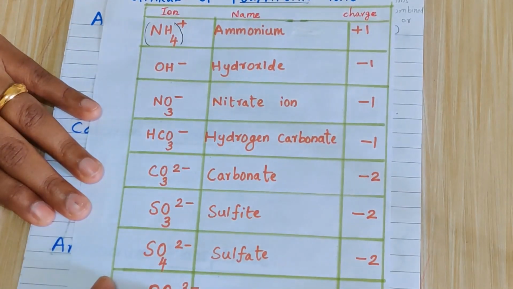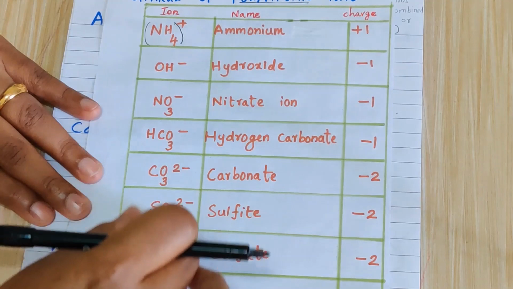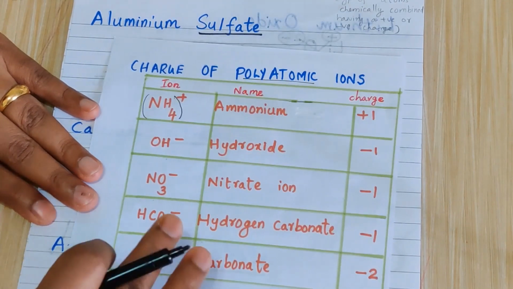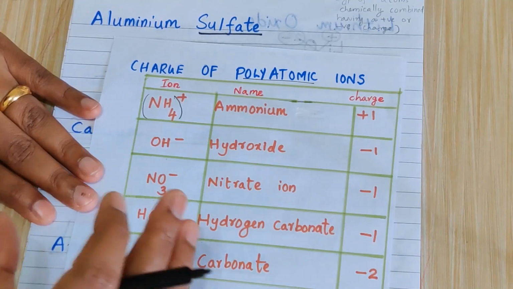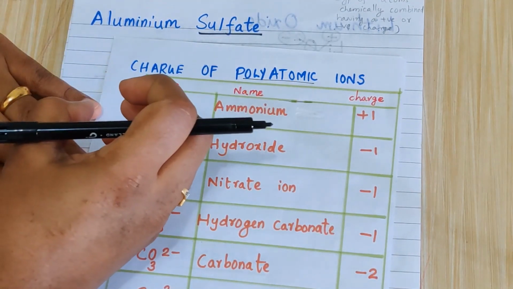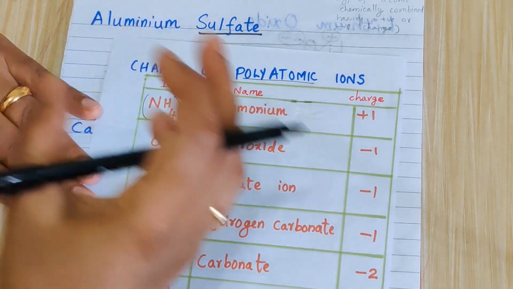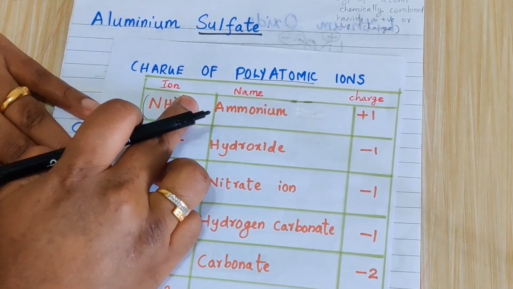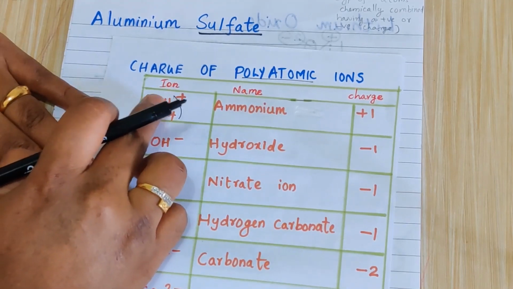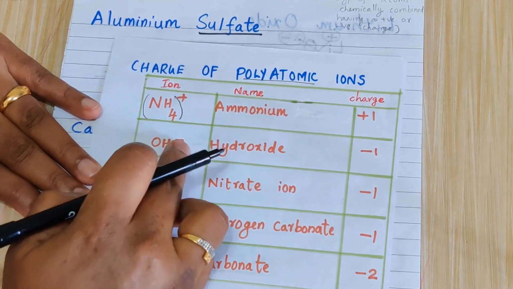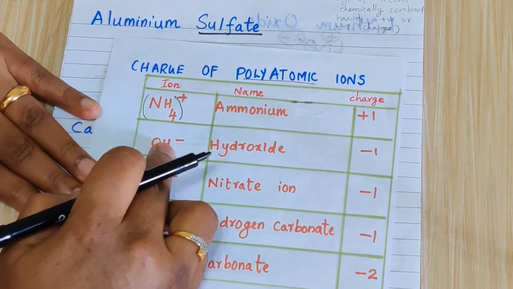Here we can see a group of atoms carries the charge. So that is the definition of polyatomic ion. They are groups of atoms chemically combined with each other having a positive or negative charge. Here in NH4 plus, this +1 charge is for nitrogen and hydrogen together. Here in OH minus, this -1 charge is for oxygen and hydrogen also.